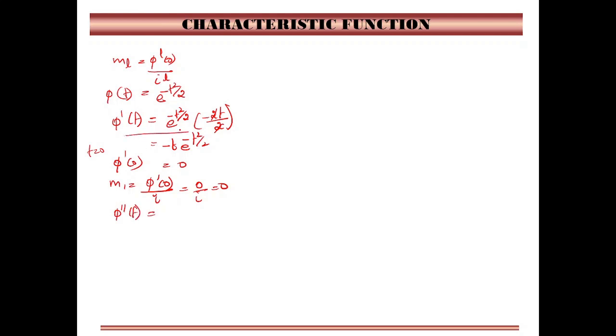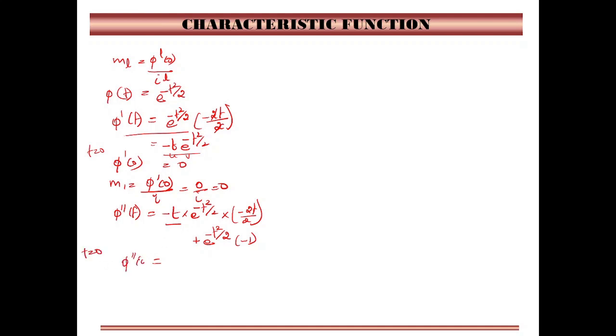To find m2, we need phi double dash of t. So differentiate this function with respect to t. We are using the formula u dv plus v du. So minus t into e power minus t squared by 2 into minus 2t by 2, plus, for the derivative of minus t, we get minus 1. Now we substitute t is equal to 0.